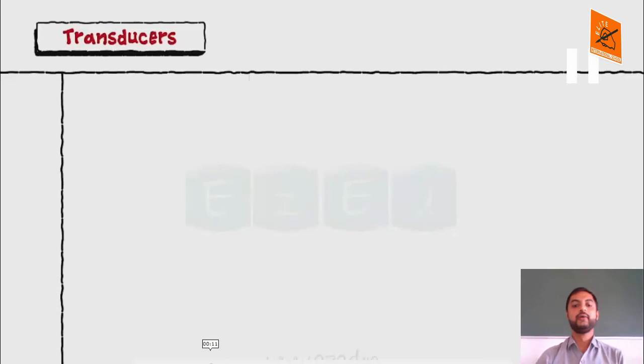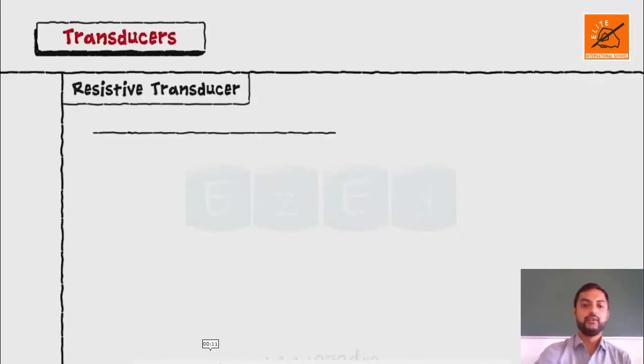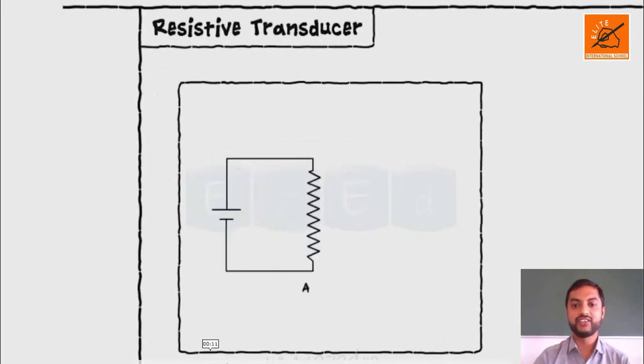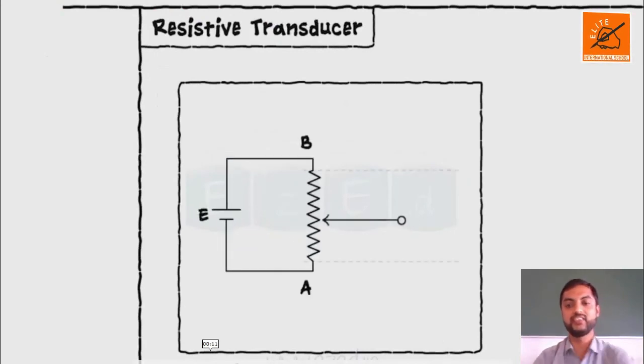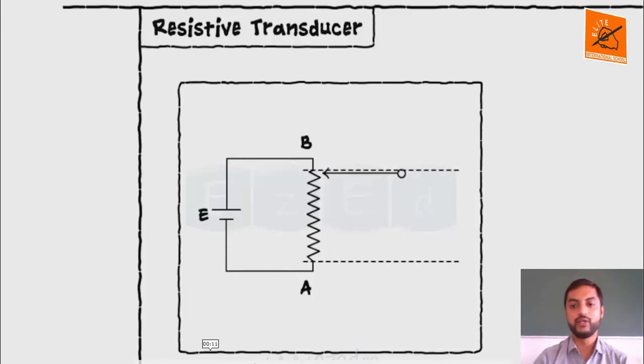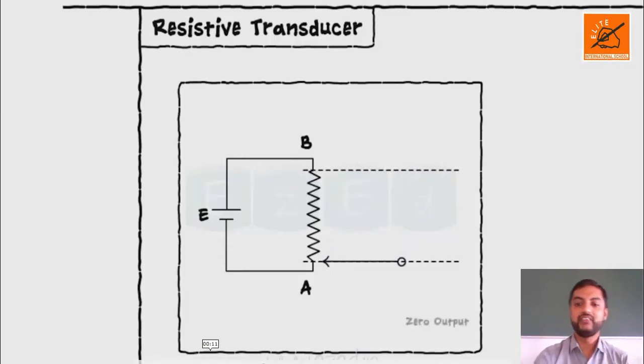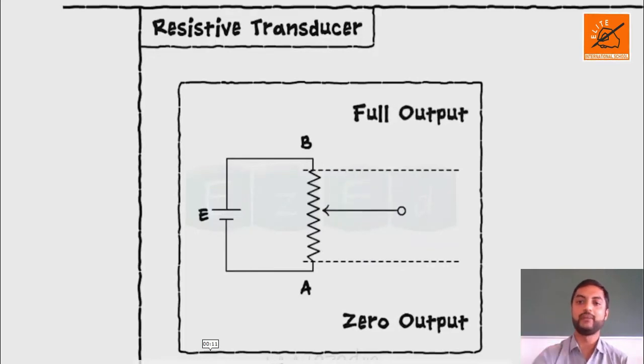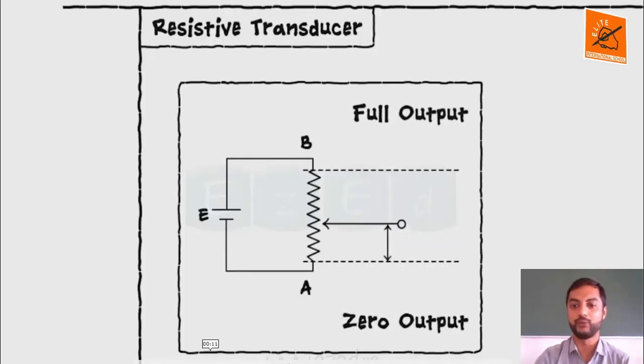See here, this is the circuitry of the resistive transducer. Here this is the shaft, it moves upward or downward. When it is at the lowest point, it will give zero output, and at the maximum point it will give you full output.